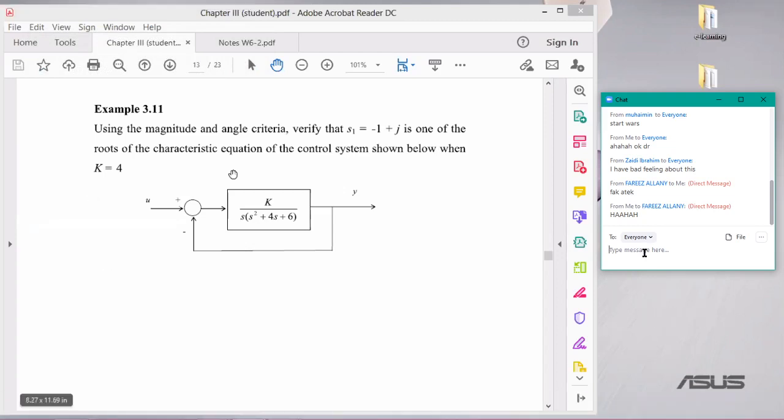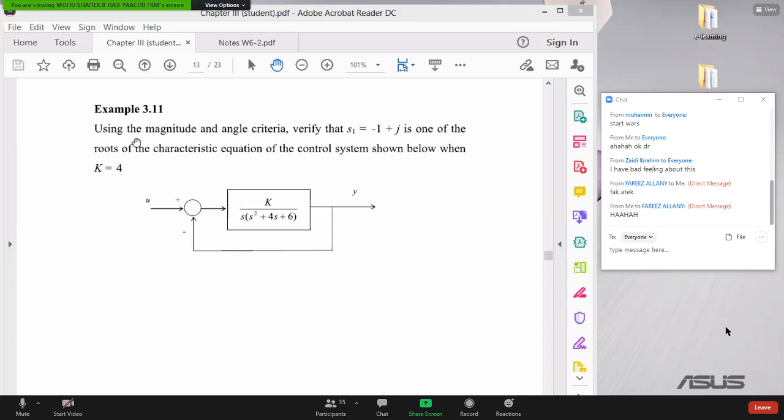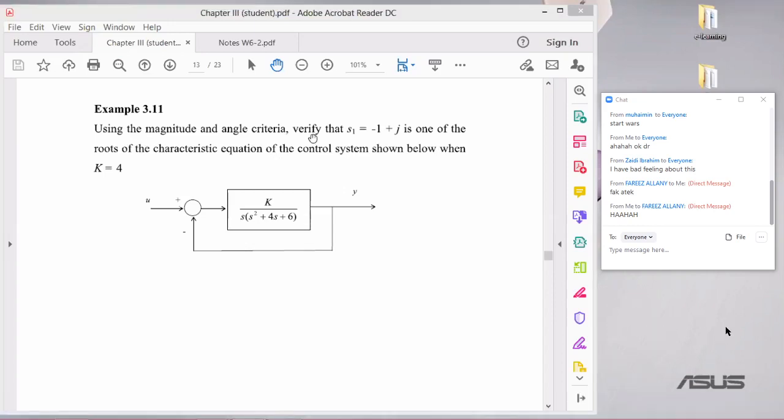This is where we left off the last time. See example 3.11 here. Use the magnitude and angle criteria to verify that a point -1 plus j is one of the roots of the characteristic equation of the control system shown below when k is equal to 4. So let us recap what we have done.